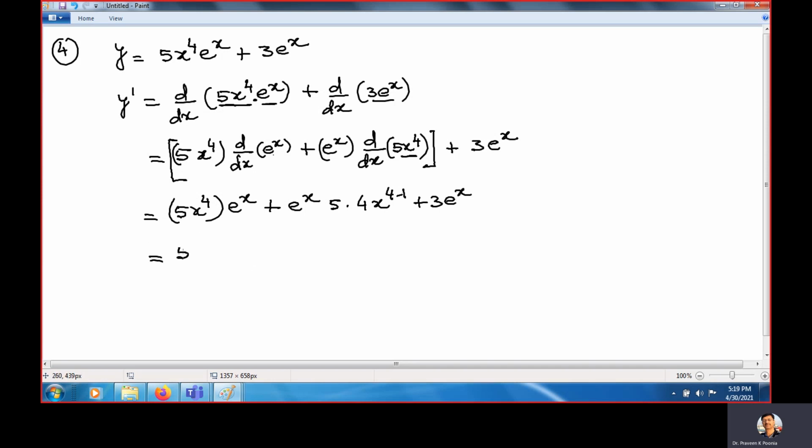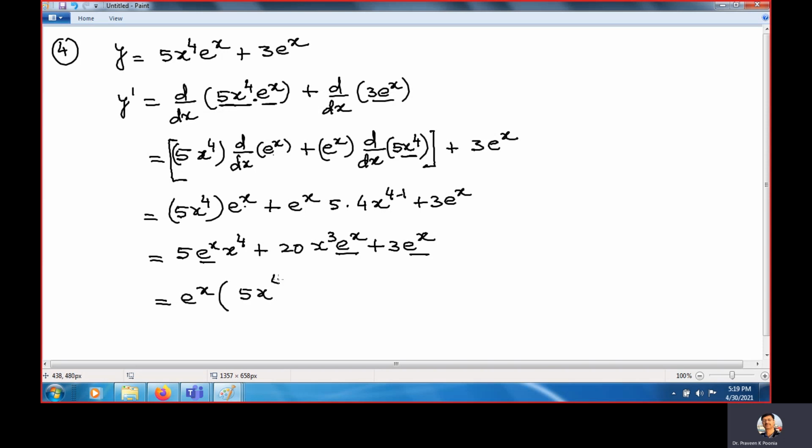So what is the answer? It is 5e^x x^4 plus 5 times 4, 20, x^(4-1), 3e^x and plus 3e^x. So what you can do is you can see e^x in all the terms, so you can take e^x out.